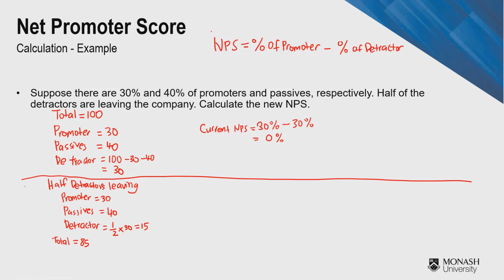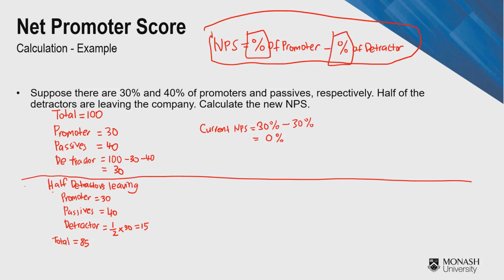So you need to make sure that this is in terms of percentages. Here we haven't converted this into percentages yet, so we do need to convert it. Now you might have a question: why in the first one we don't have to convert that into percentages? Because they are already in percentages. Anything that is over 100 is actually a percentage.